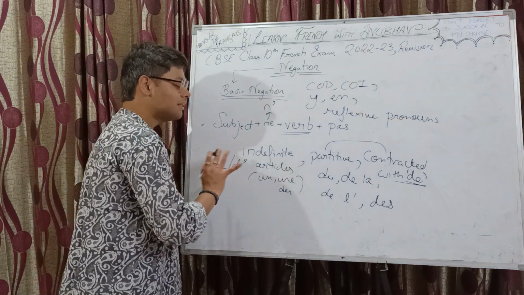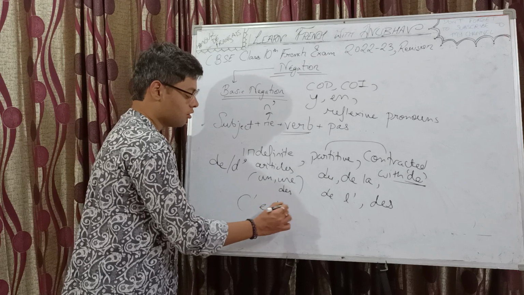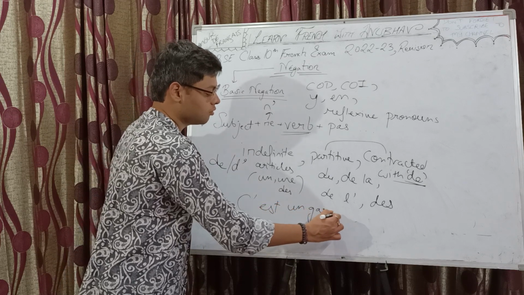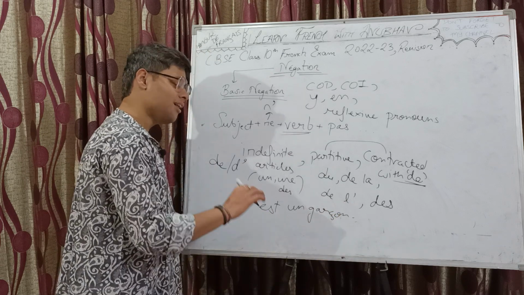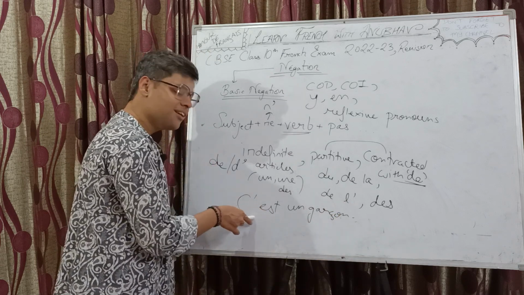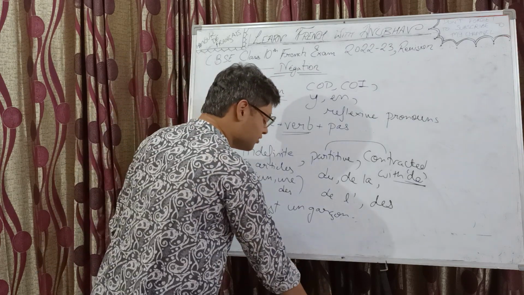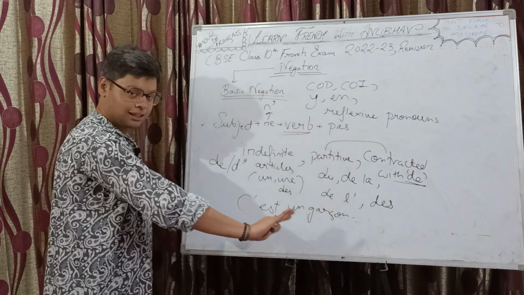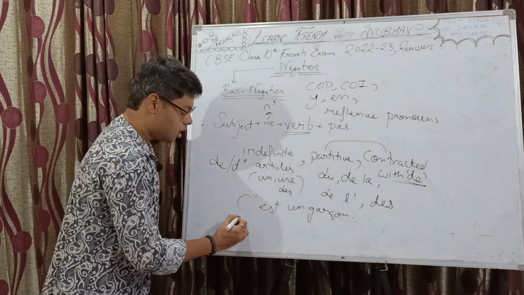So if there's any sentence, for example, c'est un garçon, this is a boy. Oh wait, I can't really take this example because there's être in it, and this is the point that I had to discuss later. So let's not disturb this sentence as of now. Let me think of another sentence.